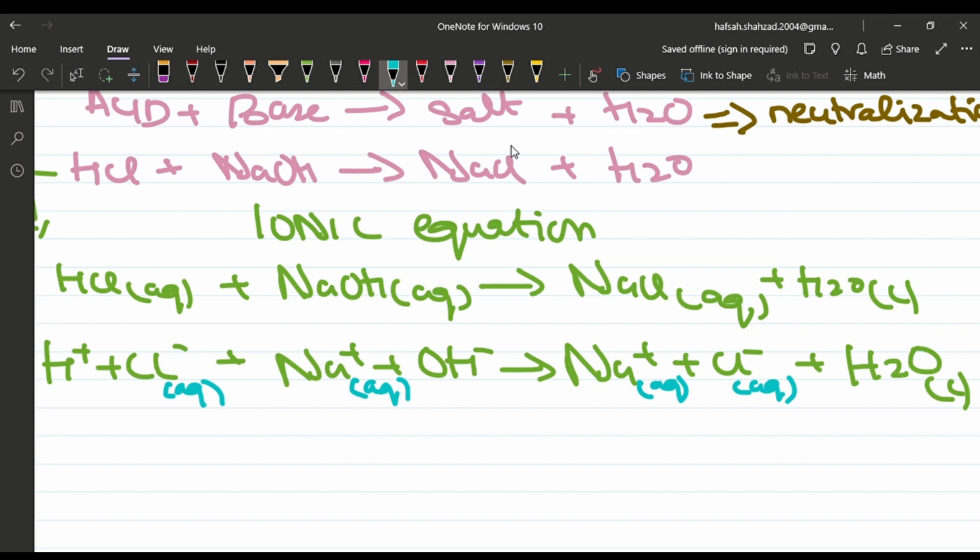So those ions or compounds that are present in the same state, with the same charge, like Na has 1 plus charge in the reactant as well as in the product, and it's in an aqueous state in both reactant and product, are called spectator ions. Spectator ions are those that do not take part in the reaction because they haven't changed one bit.